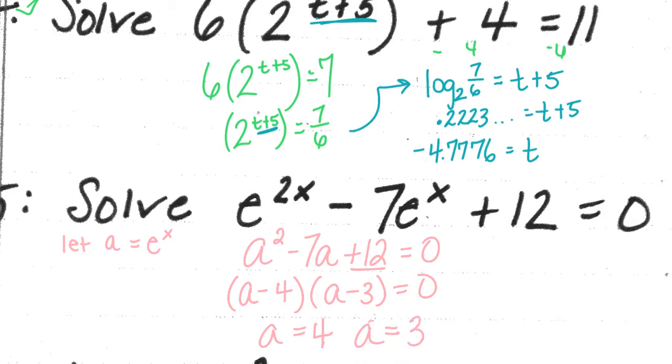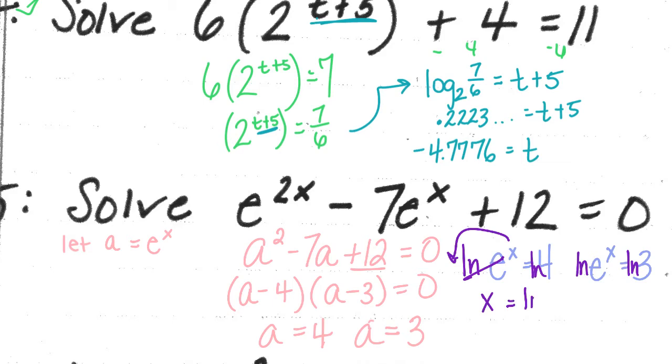But remember that a was equal to e to the x. And anytime I see an e, I need a ln. So this becomes 4 equals e to the x. x flies to the front, so x is equal to the ln of 4.